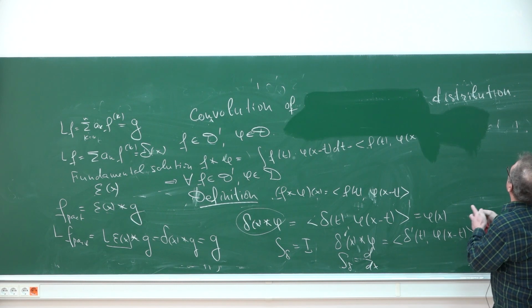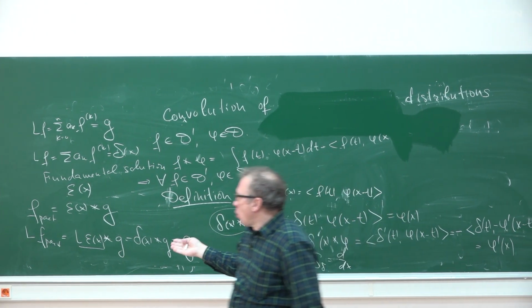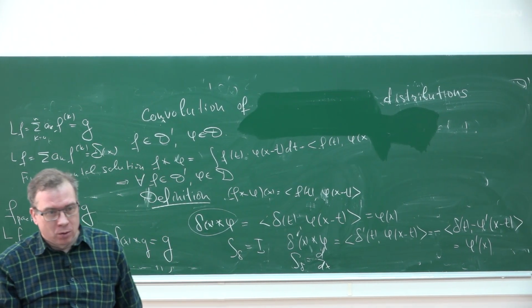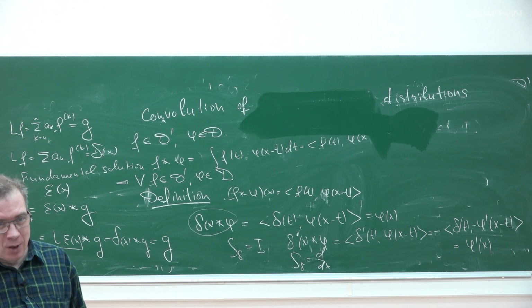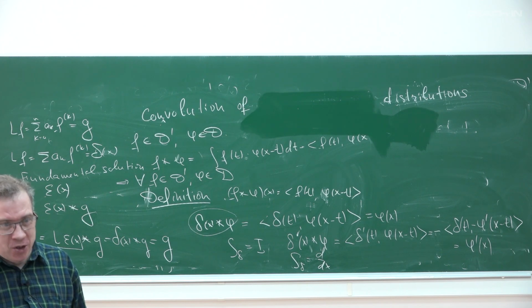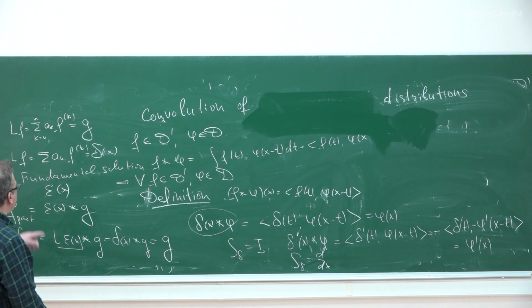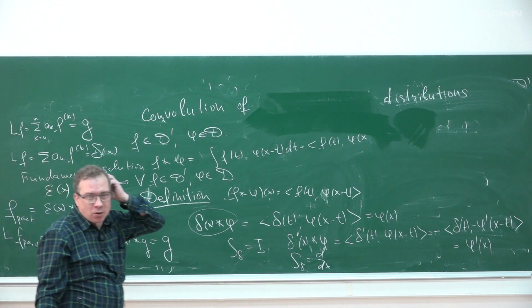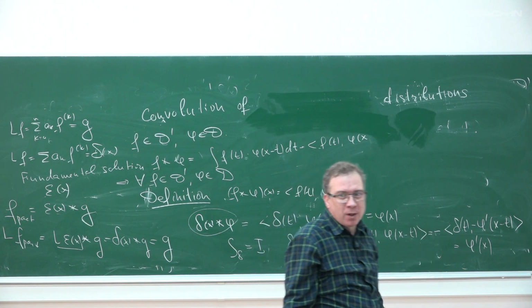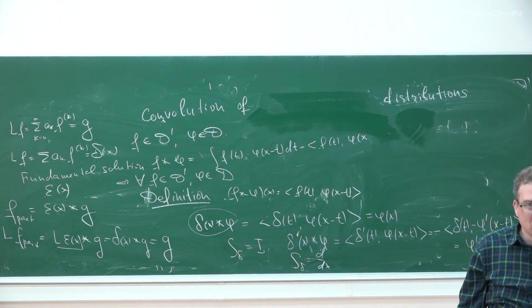But the question is, can you find all solutions for this? All solutions look like the solutions of the homogeneous equation plus some partial solution. For the homogeneous equation with constant coefficients, you write the characteristic polynomial, find its roots, and write the general solution of the homogeneous equation.